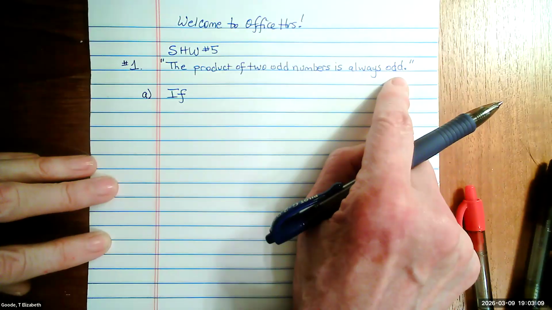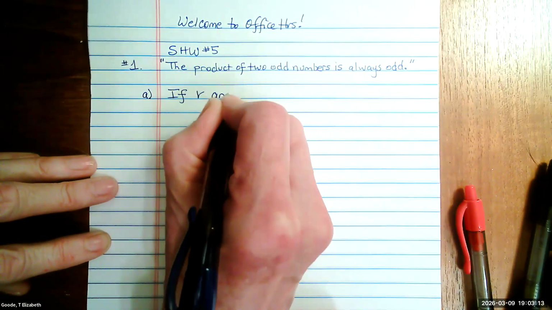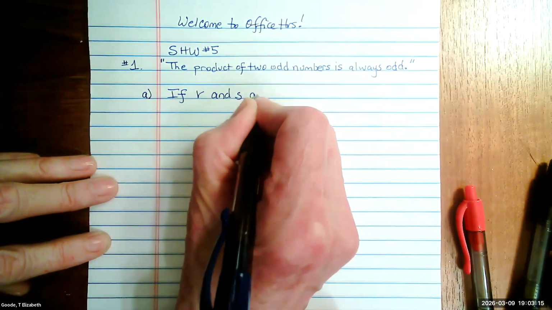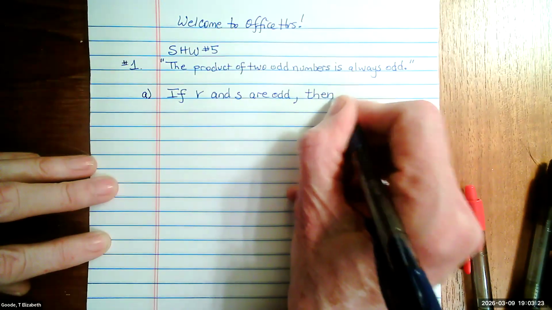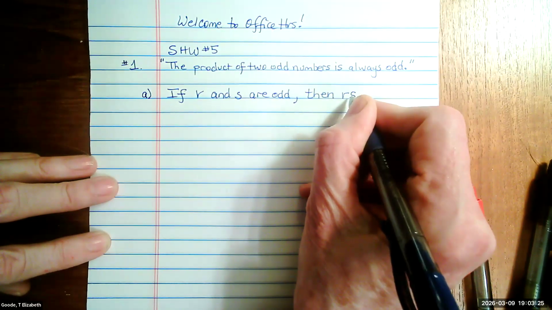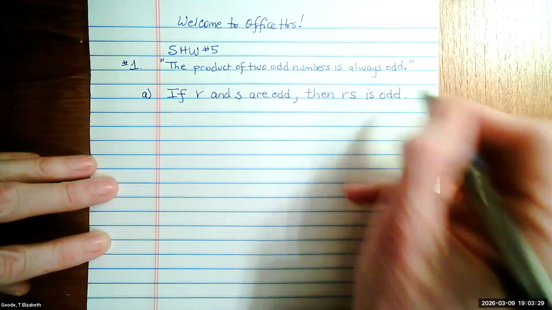Does that make sense? If R and S are odd numbers, then R times S, or RS, is odd. Does that help? Yes, if R and S are odd, then RS is odd.